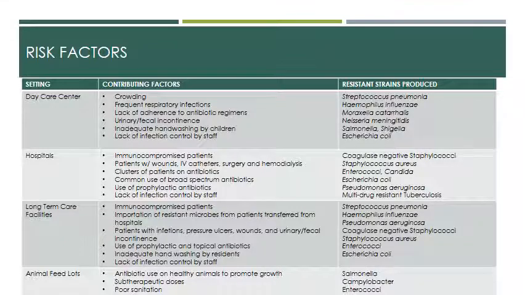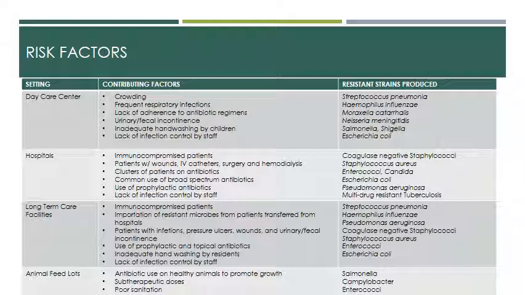So what are the risk factors for these kinds of stresses that select for the more resistant organisms? Well, one of the big things is when you take sick people and you put them together. The risk factors here have to do with lots of people close together. So you can see in the daycare center, we have crowding.